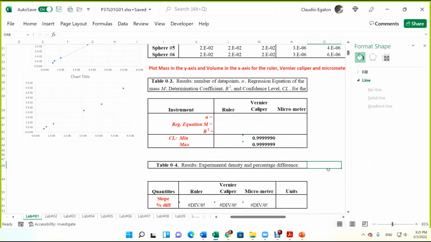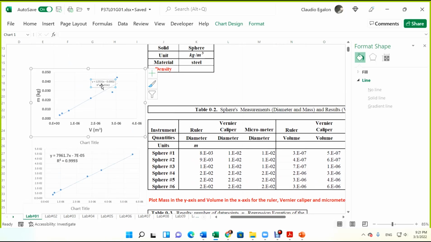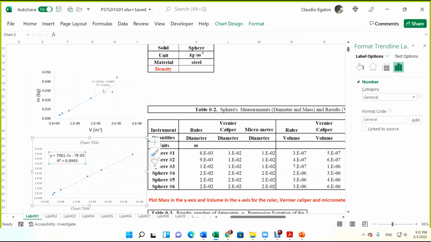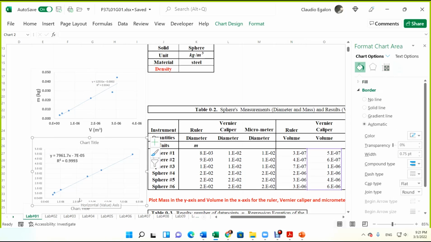So that's how you find your CL. You're going to do that for the ruler. You're going to do that for the micrometer. Because your ruler here gave you an R square that's lower than this one, so automatically your CL is going to be less for the ruler than it is for the vernier caliper, okay?